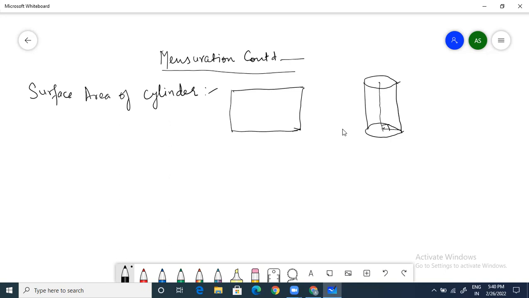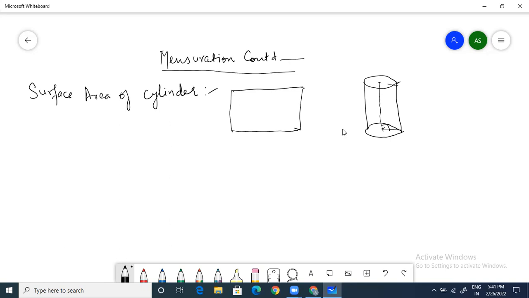It's always 90 degrees. So if I open this paper, which is covering this particular cylinder, how will it open up?